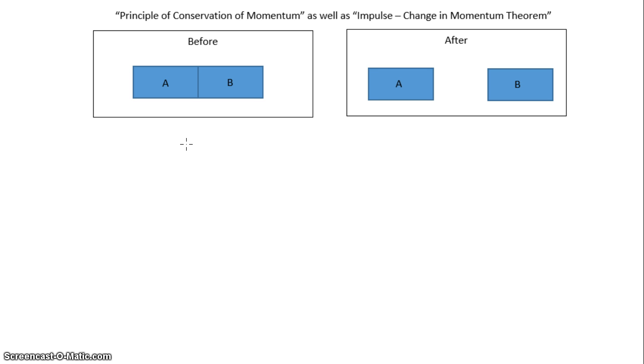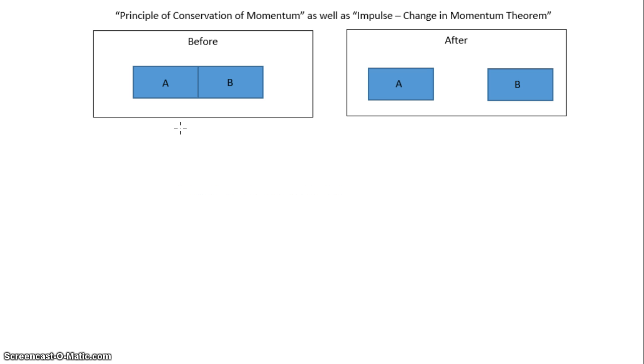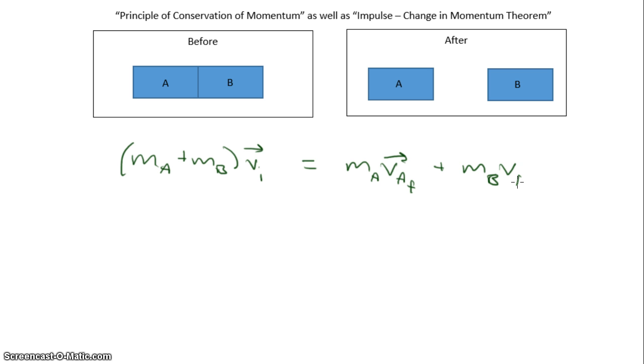This also works. But here, I have MA and MB together in the beginning with their combined initial velocity, which could be 0. And that's going to equal MA VA final plus MB VB final.